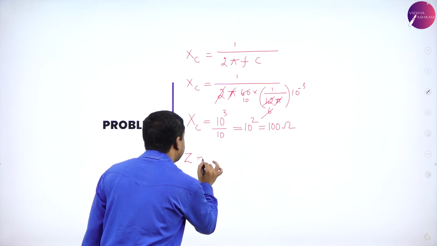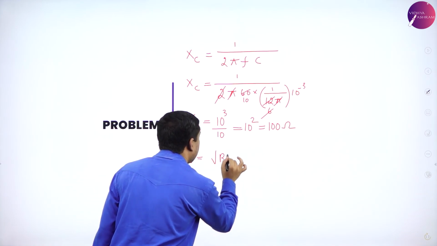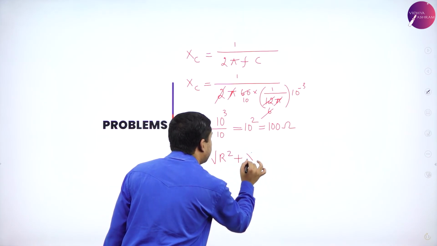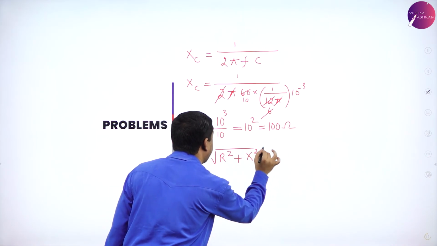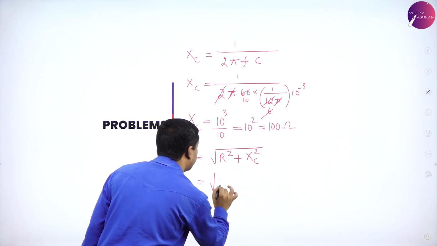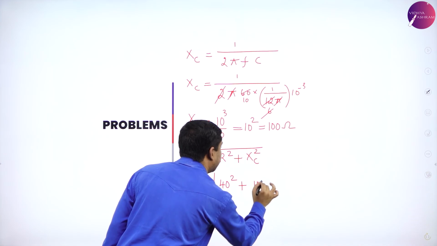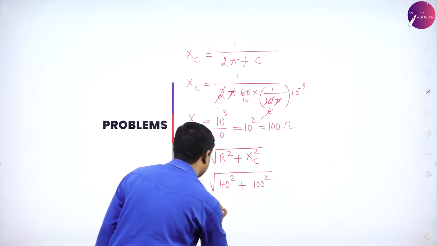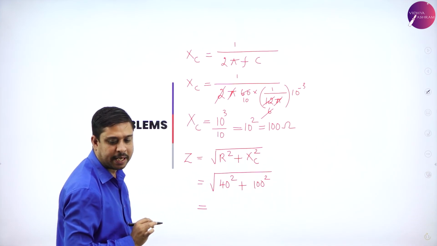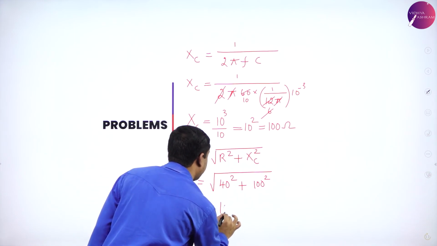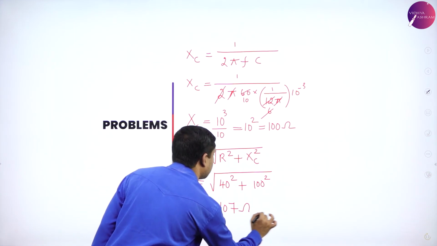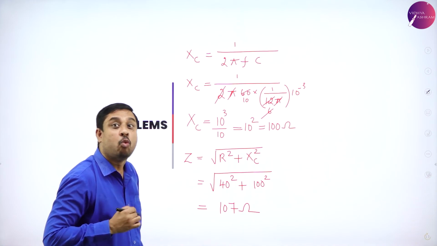Now impedance is root R square plus XC whole square, root 40 square plus 100 square. So this turns out to be 107 ohms. What is next?